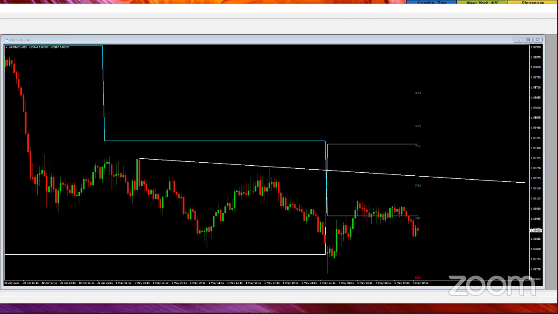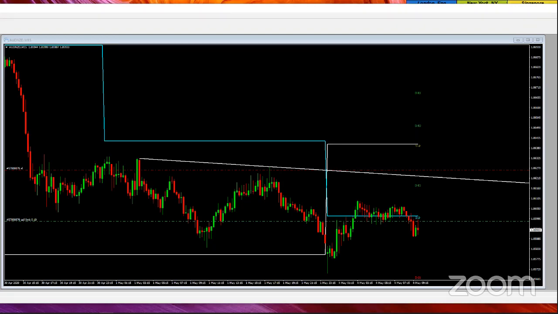I'm just going to press that in, one second. I've got to make sure my levels are right, so I don't go in 10 times multiples. That should be right, I think. It's short Aussie Kiwi, yes. Short Aussie Kiwi.